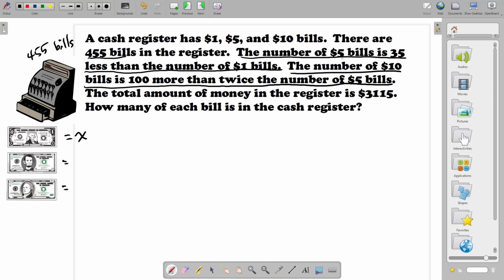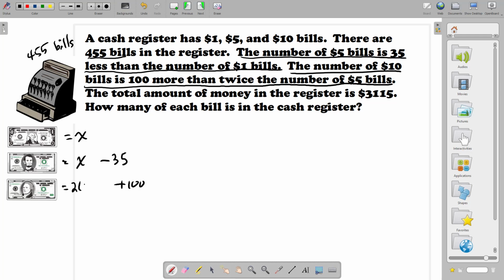Let's go back to the first one. The number of $5 bills is equals 35 less than, means we're taking 35 away from the number of $1 bills, which is X. The next sentence is the number of $10 bills is equals 100 more than, means we're adding 100 to twice the number of $5 bills.